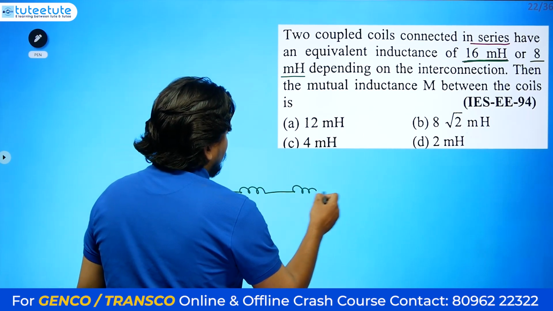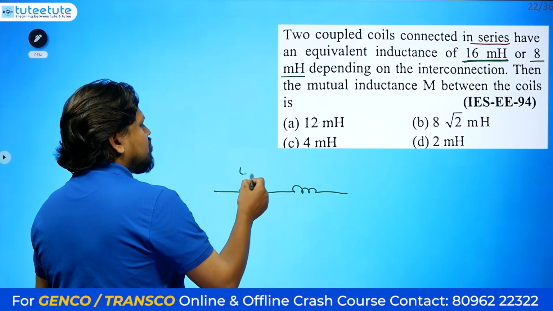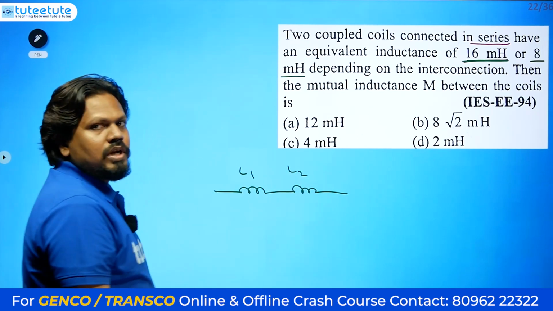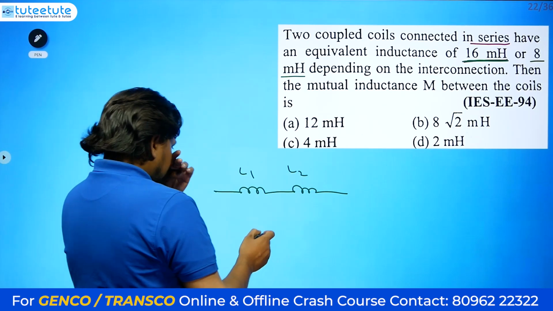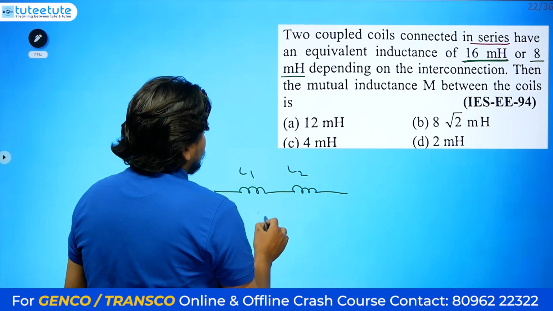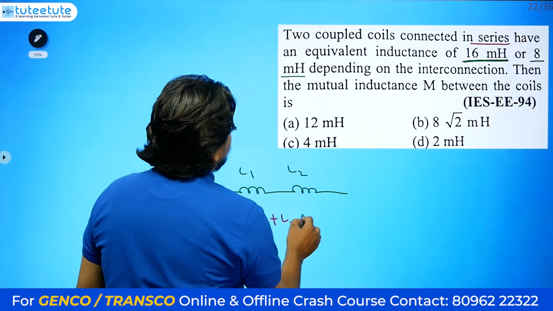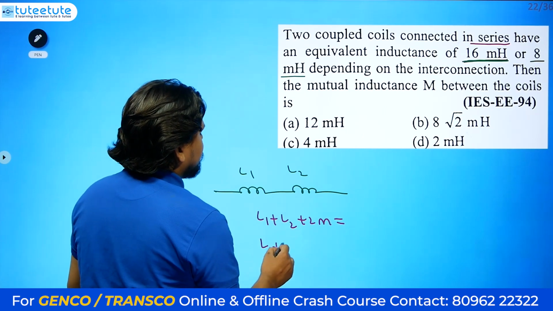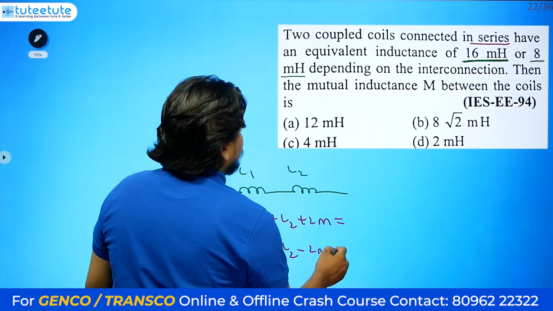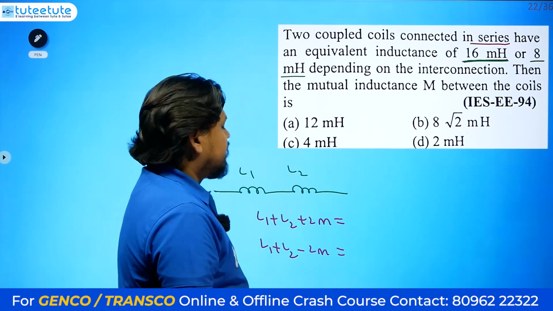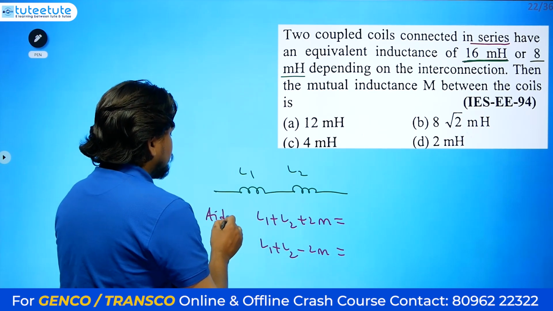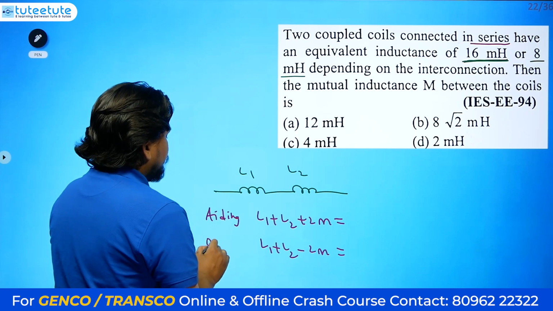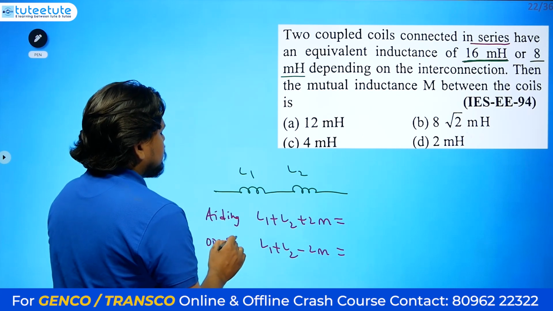If both are connected in series aiding, as we have seen in the other session, it is L1 plus L2 plus 2M. Another connection is L1 plus L2 minus 2M. This one is aiding, this one is opposing.